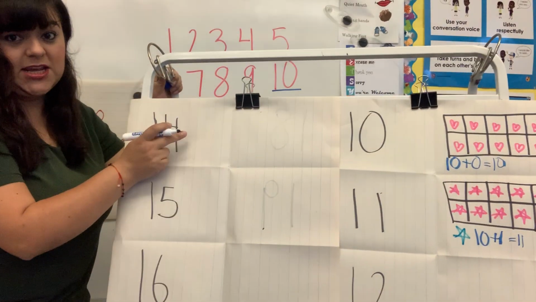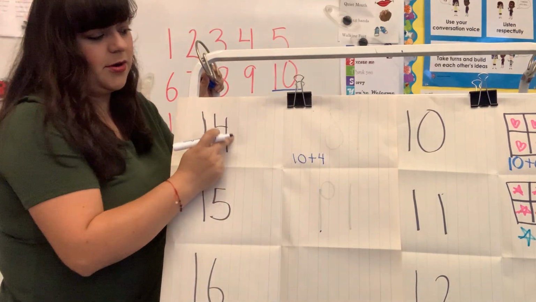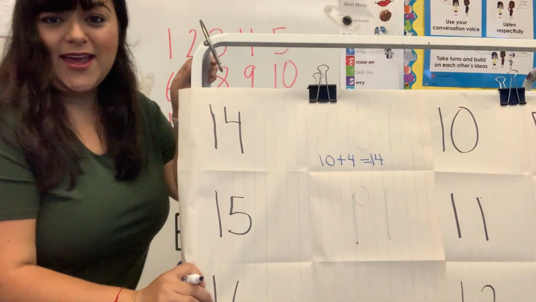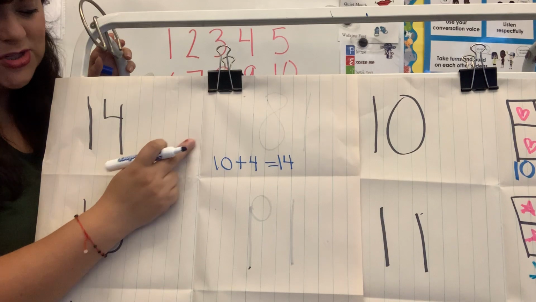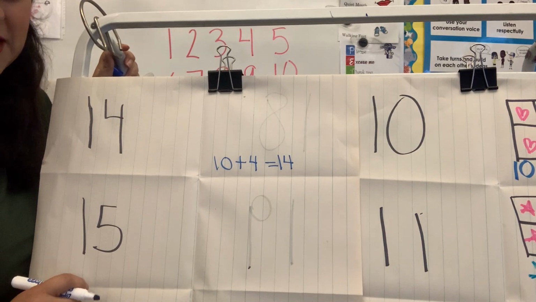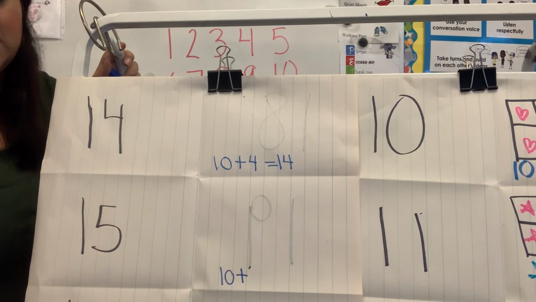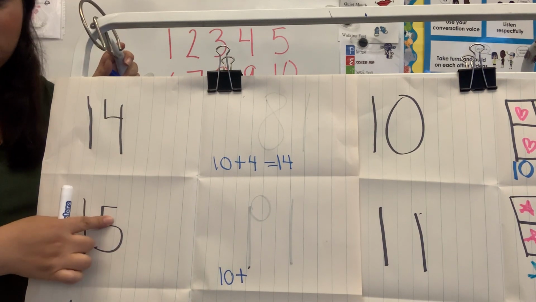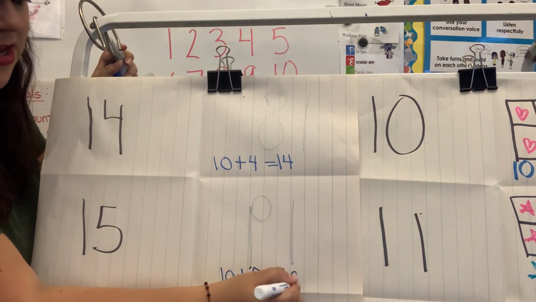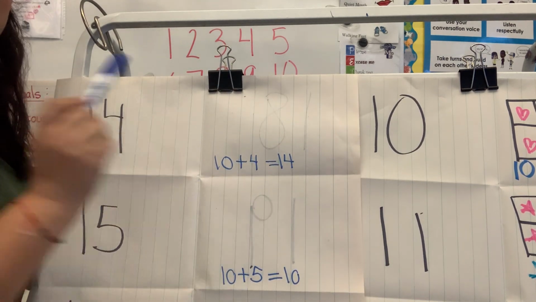When you get to 14, you can put 10 plus 4 more together makes 14. Okay, so can you see that equation? 10 plus 4 more equals 14. With the 15, what would that look like? A 10 plus, how many more? 5 more together makes 15. Very good. And then you can draw your 10 frame and 5 more.